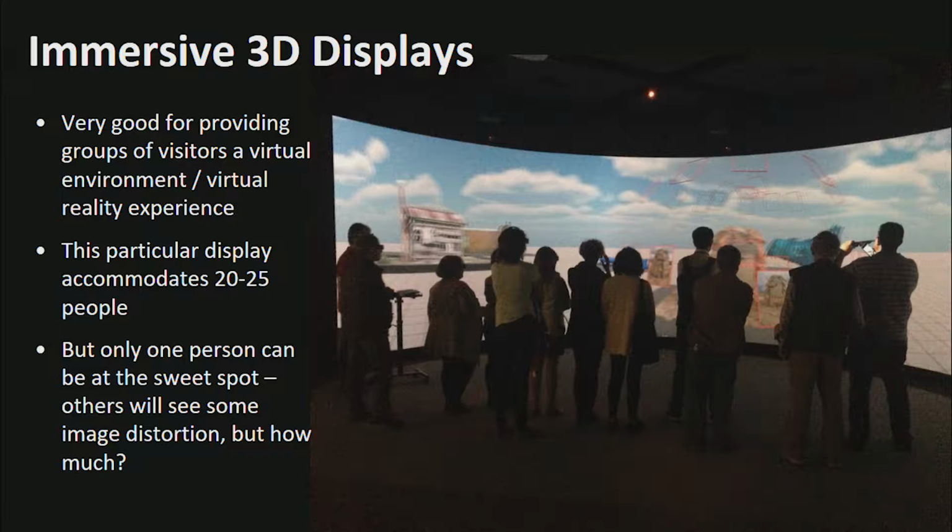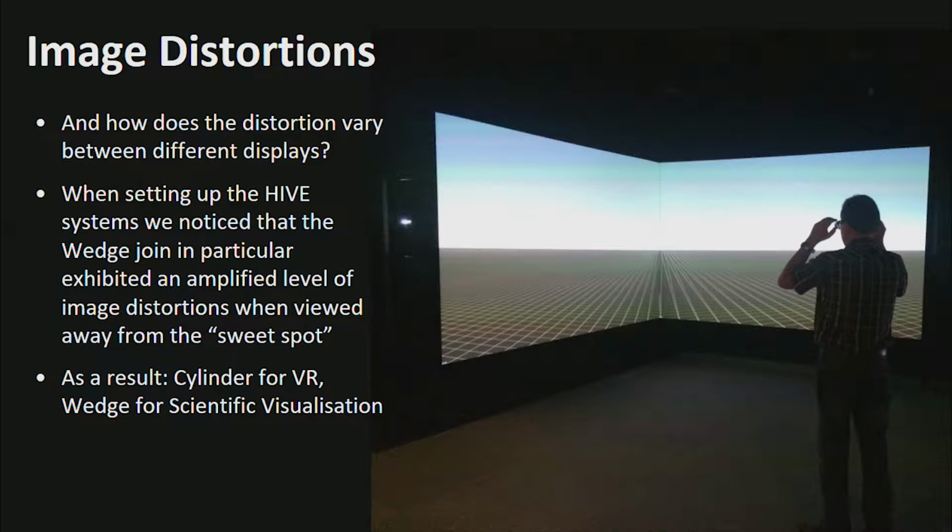This particular display can accommodate up to 20, 25 at a stretch, if they can stand nice and close together. But only one person can be at the sweet spot. Other users will see some level of image distortion, but how much, and how much is acceptable? The other question is, how much does the distortion vary between the different displays?